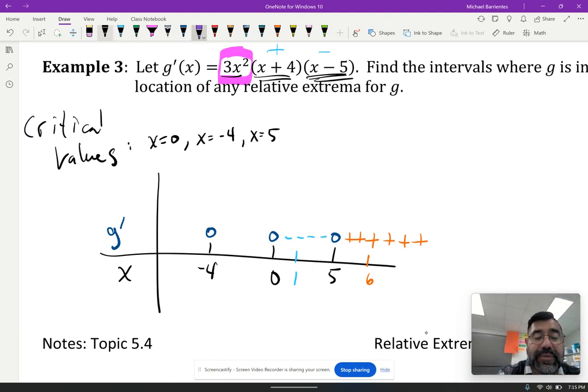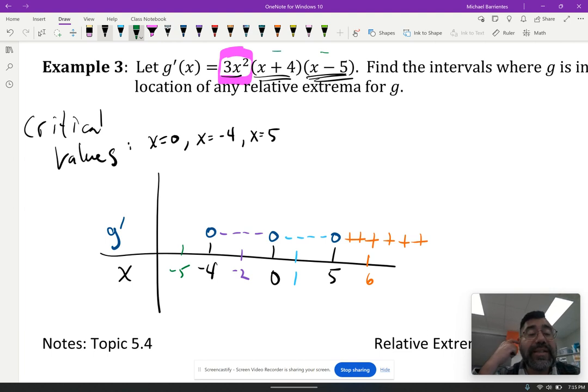Pick another point between -4 and 0, like -2. So -2 plus 4 is positive, -2 minus 5 is negative, and a negative times a positive is negative. Then pick a point on the left side of -4, like -5. -5 minus 5 is -10, -5 plus 4 is -1.